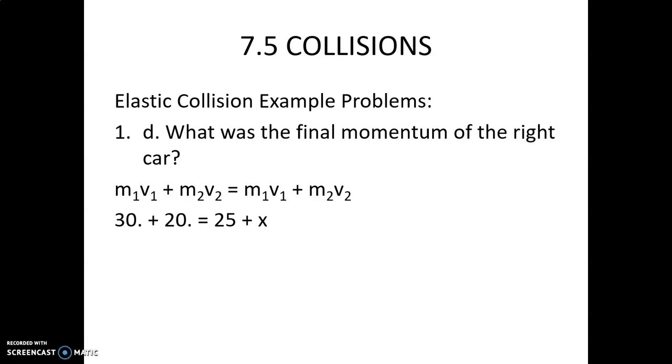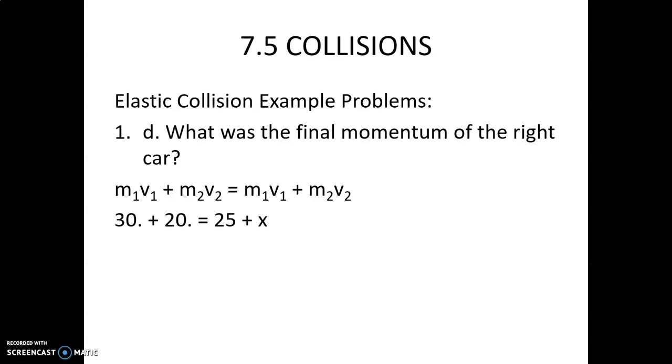So from the previous slides, and if you look above on your paper, the momentum of the first train we calculated to be 30, and the momentum of the second train was 20. Now that was before they collided as they were moving towards each other. And then after the collision, the momentum of the train you calculated was 25, plus the momentum of the right car.